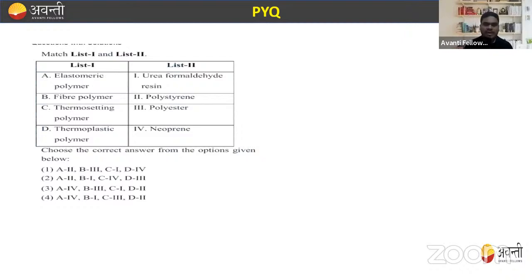For example, if someone asks in list one the same components are given, and in list two they are asking forces, so this question can be of two types, right? Maybe here forces are also given, like in which elastomers, fibrous, thermosetting or thermoplastic, which has a high force of attraction, which has a low force of attraction. Which one can never, it means if broken, cannot regain its original shape. So this type of question can also come, right?